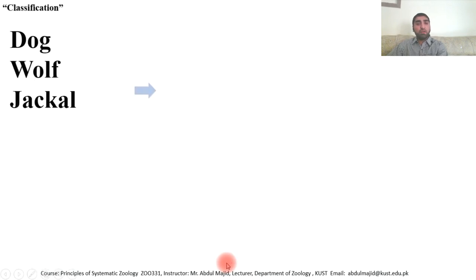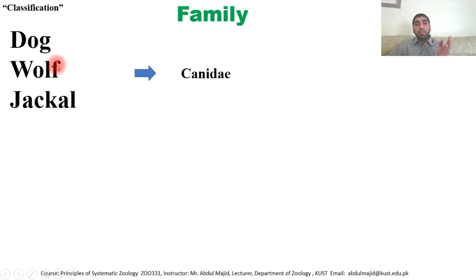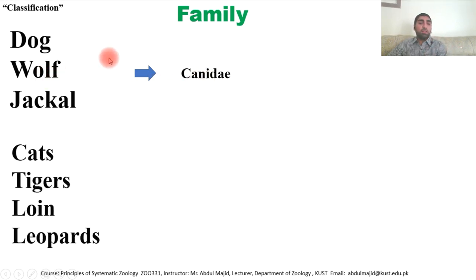Now, the dog, the wolf, the jackal. They are placed in a family Canidae. These were placed into genus Canis, and this Canis genus is now placed into family Canidae. And then the cats, the tiger, the lion, the leopard, they belong to the genus Felis, and also to the genus Panthera.